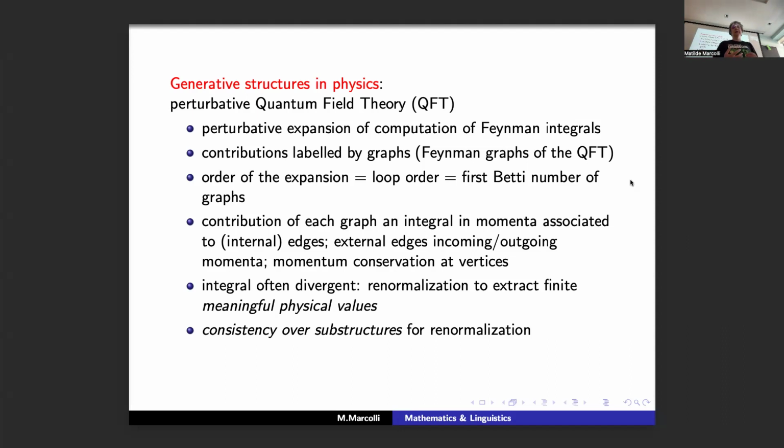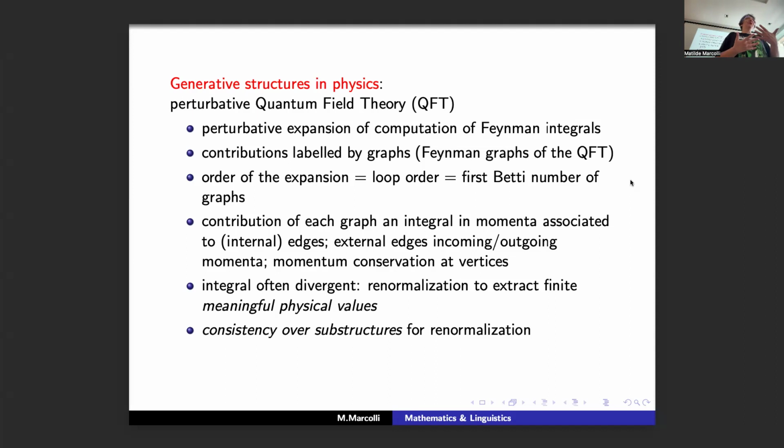One of the main difficulties that one encounters in physics in doing this kind of calculation is that each of these combinatorial structures contributes to the thing you're trying to compute through an integration over all the momenta associated to internal lines of the graph, which are the ones that eventually have to disappear. So you're integrating over them, and you're left with something that only depends on what flows in and what flows out.